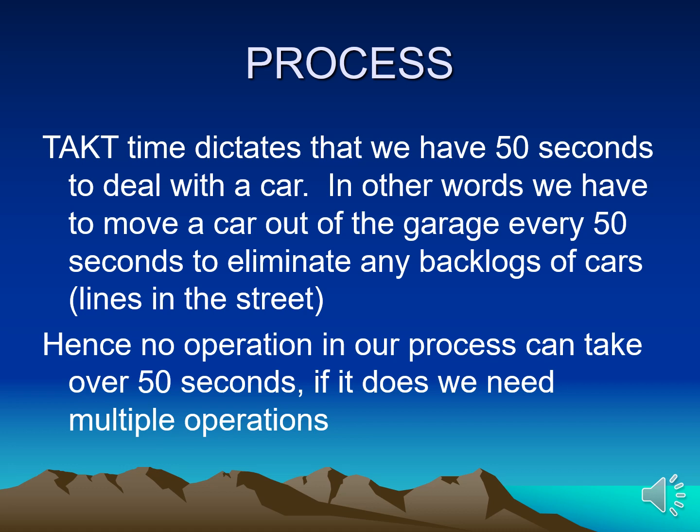This does not mean that we only have 50 seconds to do a whole car. What this means is if it takes us 2 minutes to do a car, meaning unload, ticket, move the car, we have to break that down into 2 operations so that every 50 seconds a car is moving out of the garage.